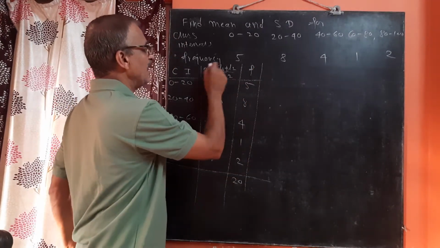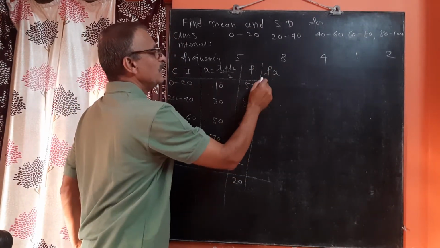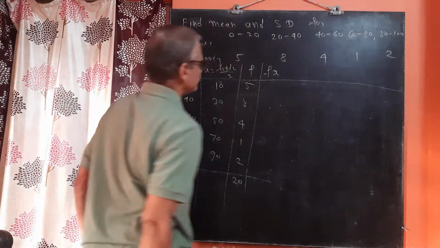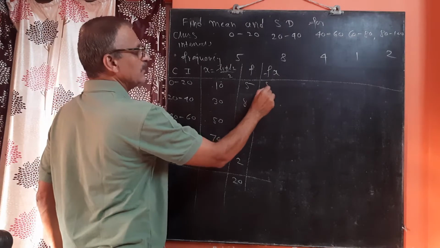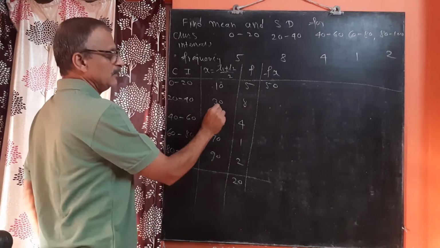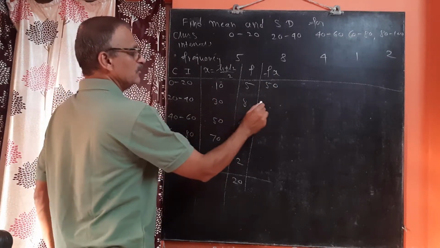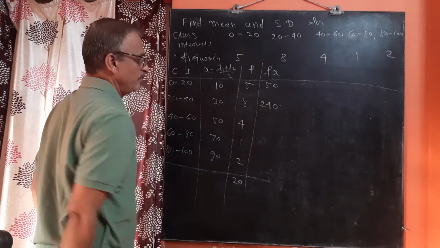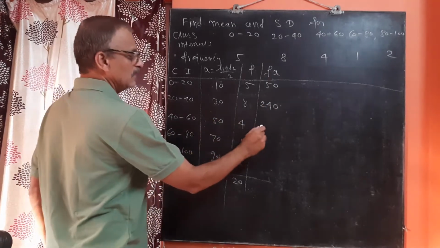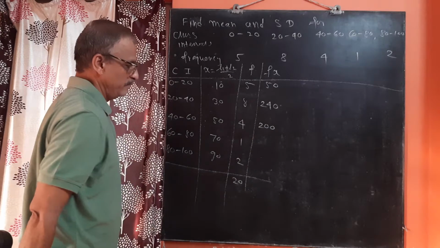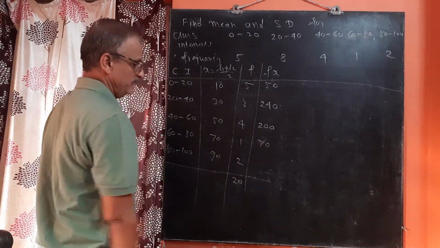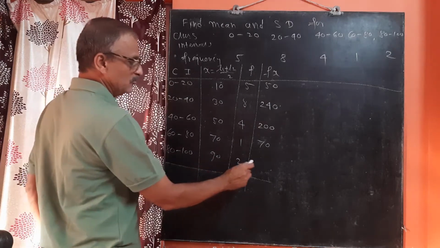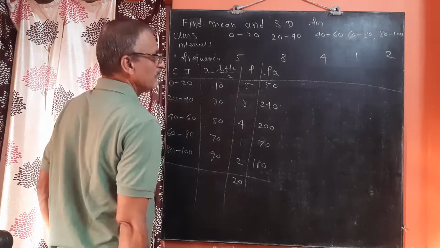Then next comes f into x. For f into x, see, this is 10 into 5, that is 50. 30 into 8, 8 3s are 24, so that is 240. 50 into 4, that means 200. 70 into 1, that is 70. 90 into 2, that is 180.